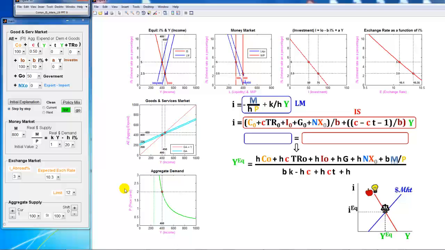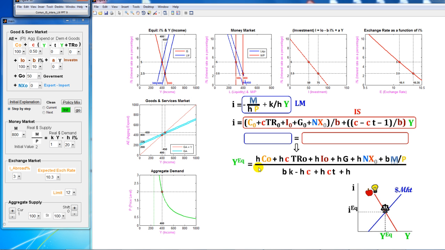And if you plug in all of these values here with M taking the value 600, the original value, then you will get an income in equilibrium which is 400. Now if you go from 600 to 800, then the math will give you a new income in equilibrium, which is this 450.